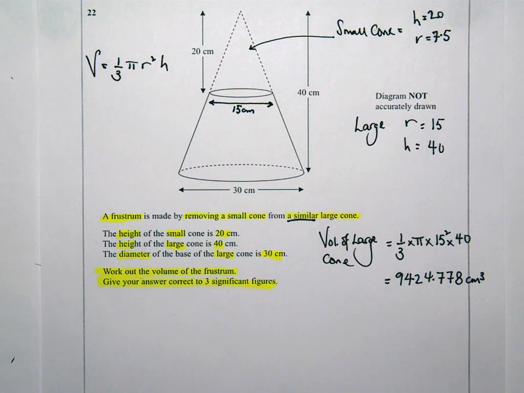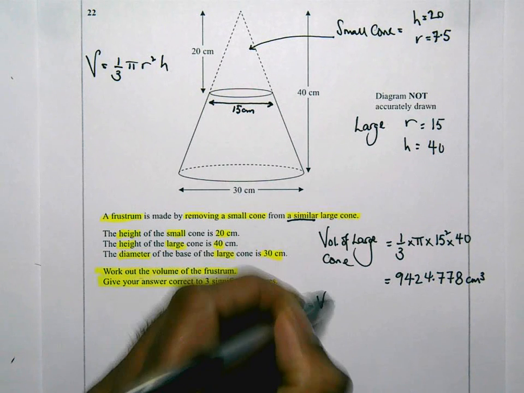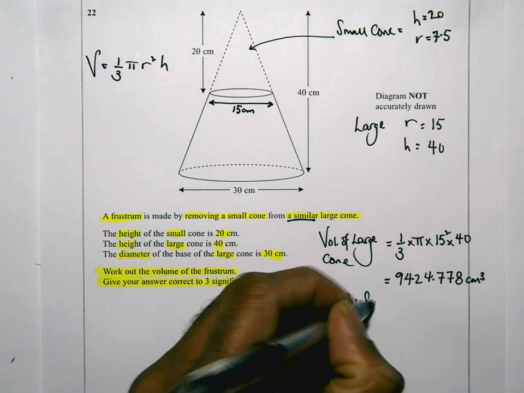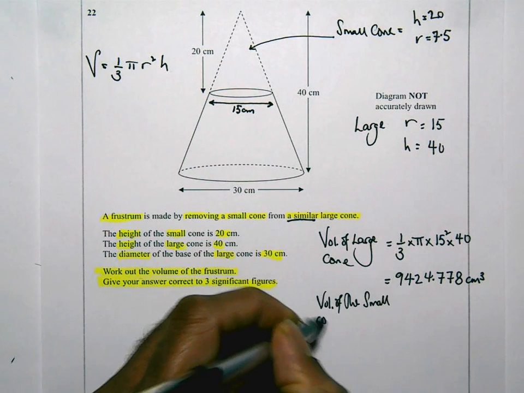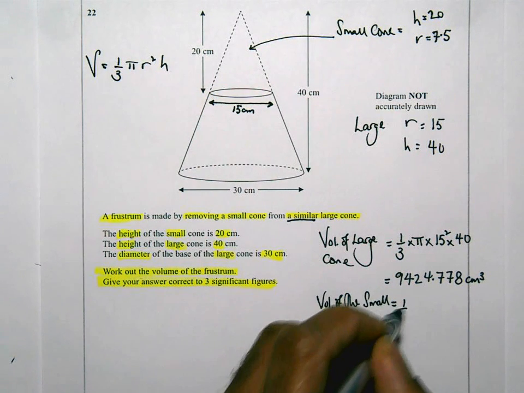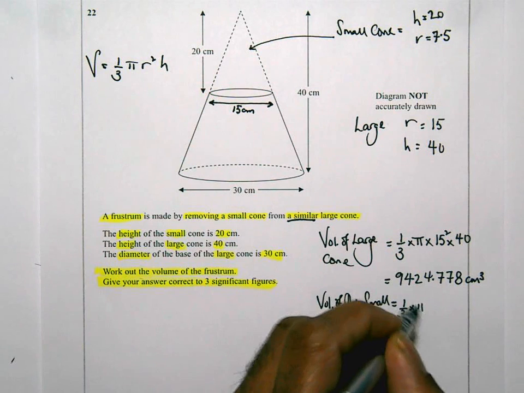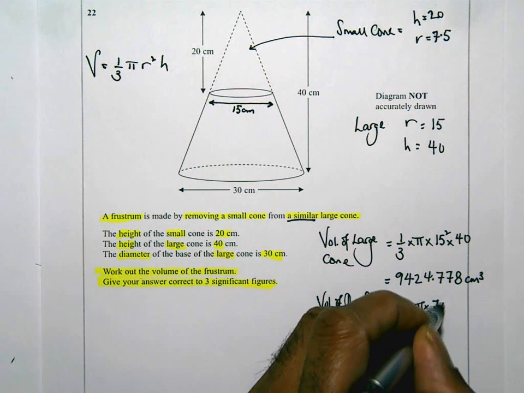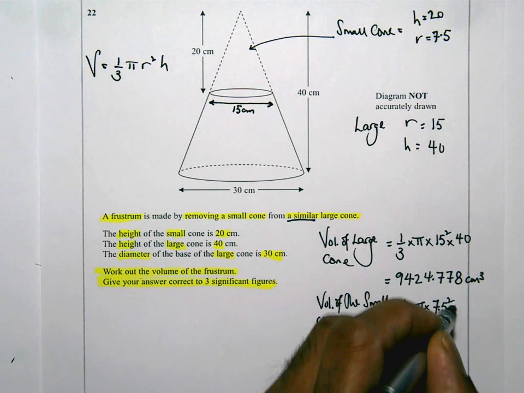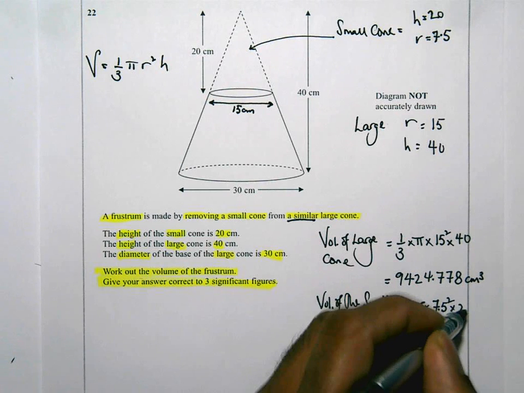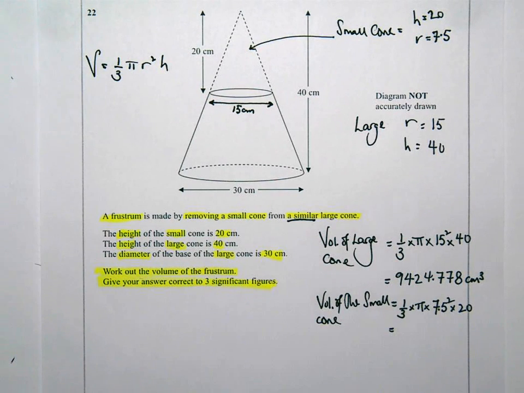So I'm going to work out the volume of the small cone, and I'm going to use the same technique that I did before. 1/3 times pi times radius squared, which is 7.5 squared, and then times that by its height, which is 20. And then we work that out in the same way on the calculator.